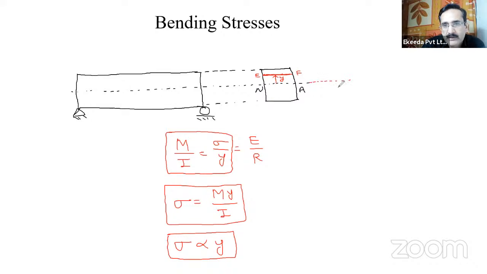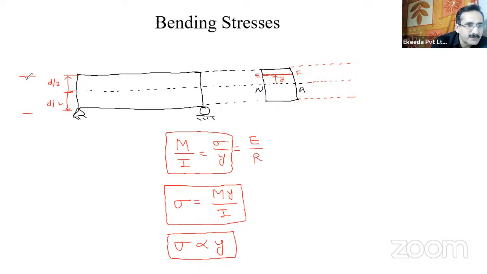Suppose the maximum fiber is at a distance of d by 2 from the neutral axis, right? And the total depth of this fiber is d.